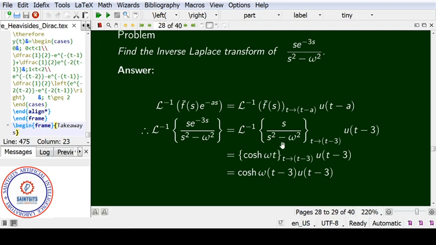Since it is negative in the denominator, it is cos h. So cos h omega t. Then replace t by t minus 3 into u of t minus 3. Now the last step, replace t by t minus 3: cos h omega into t minus 3 into u of t minus 3. So we got L inverse of s into e raised to minus 3s by s square minus omega square equal to cos h omega into t minus 3 into u of t minus 3.